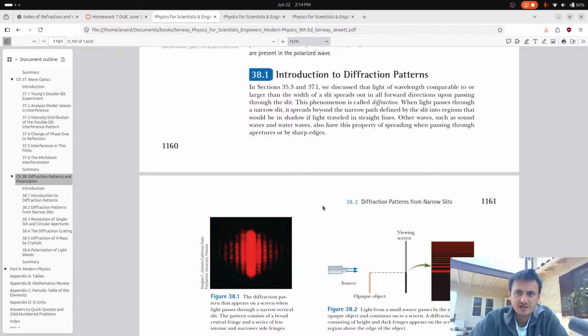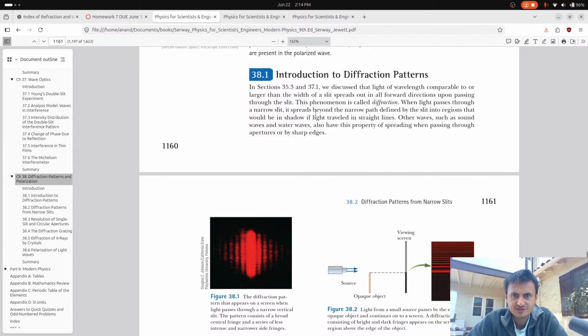Introduction to diffraction patterns. We discussed that light of wavelength comparable to or larger than the slit spreads out in all forward directions upon passing through the slit. This phenomenon is called diffraction.